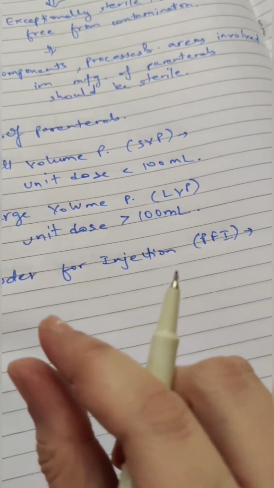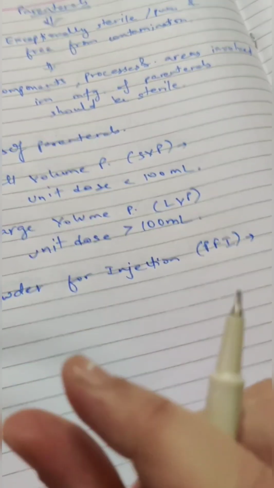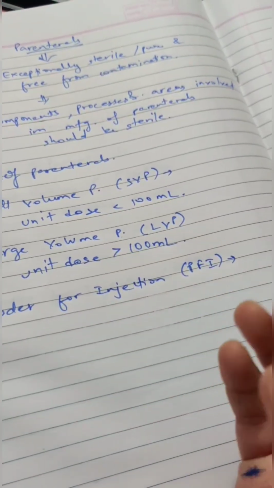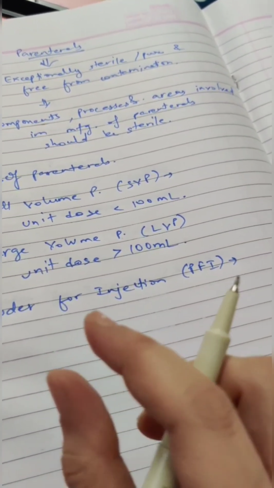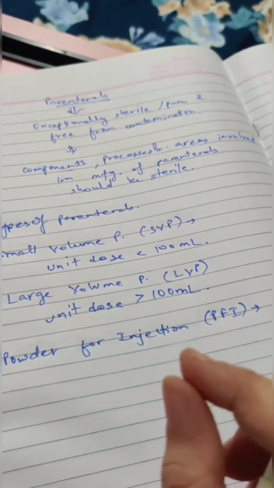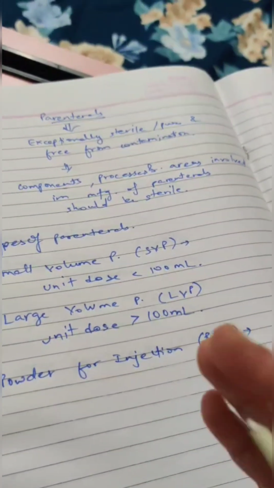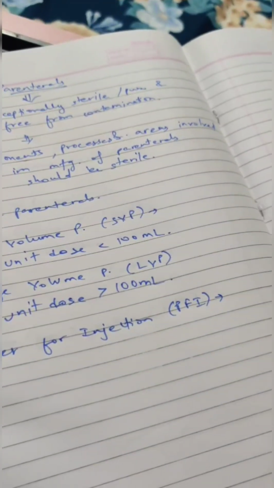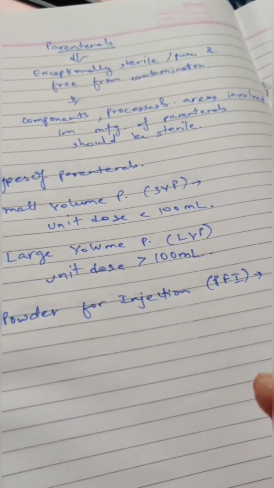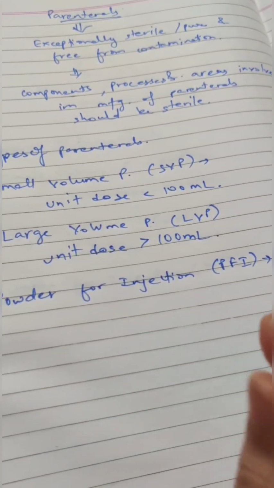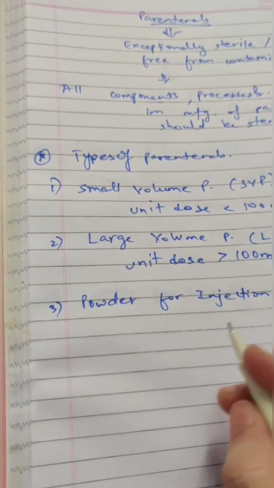So that is dispensed as powders, and during the administration only, that powder will be dispersed into a suitable medium or diluent. अगर वो हाइड्रोफिलिक है तो एक हाइड्रोफिलिक डाइल्यूएंट उसके साथ आएगा. If it's lipophilic, a lipophilic diluent will be there, and it will be dispersed into that and given straight away. Okay, so that is powder for injection.